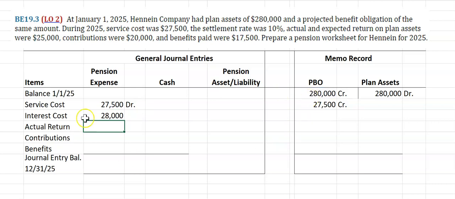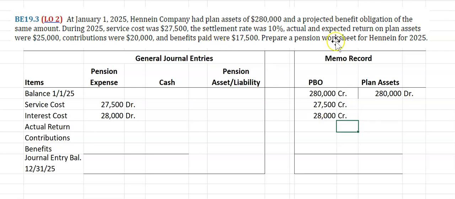So our interest expense is $28,000. Again, it's an expense, interest cost. It's also increasing our liabilities, so we debited it under the pension expense column, and it's also increasing our liabilities or PBO balance. So $28,000 we will show under the PBO balance as a credit item.